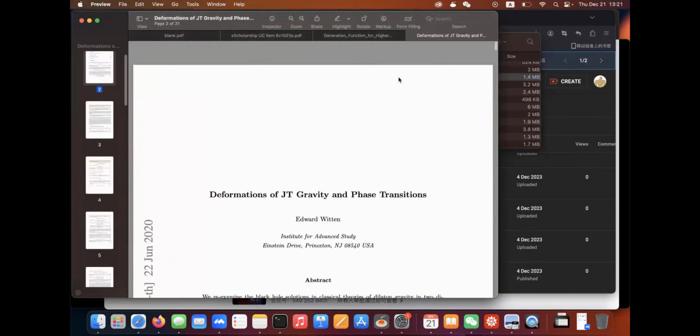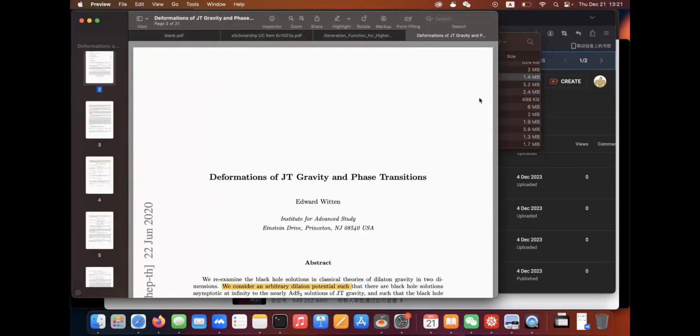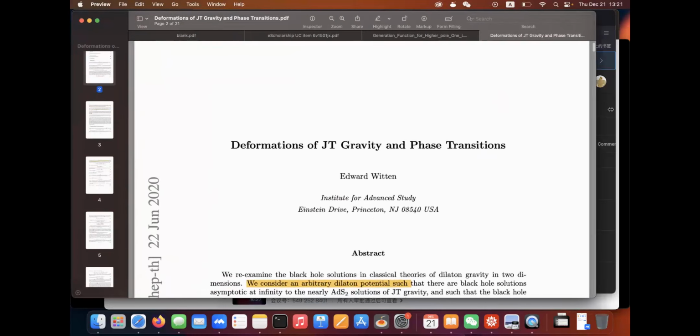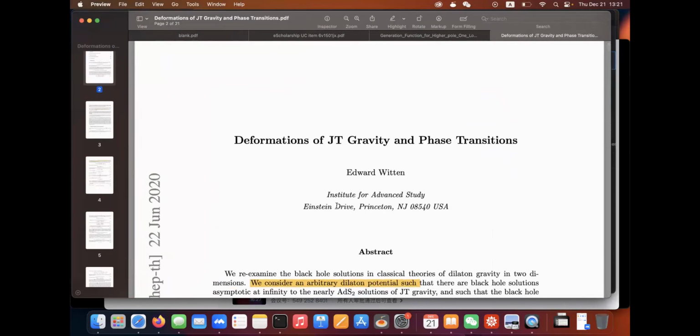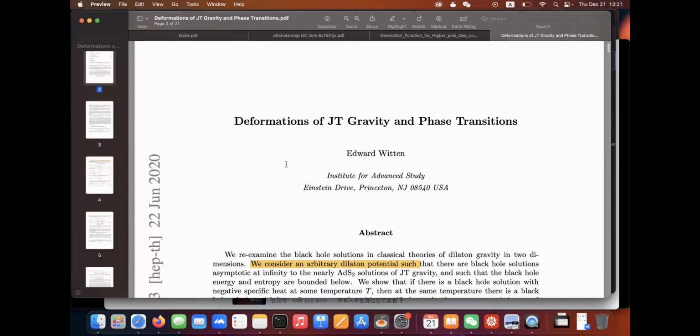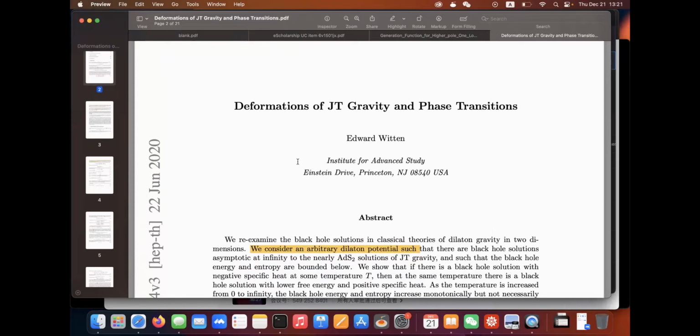We first see the deformation of JT gravity and phase transition. Actually, in this paper, we just discuss the classical phase transition. In particular, he just discussed the phase transition of the black holes. But until now, I didn't finish reading the paper. I just read half of it.